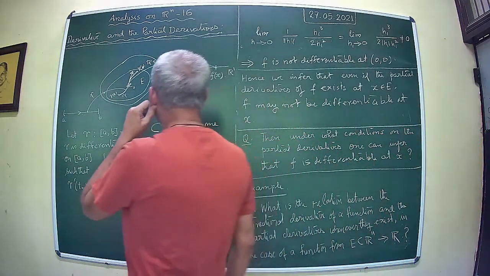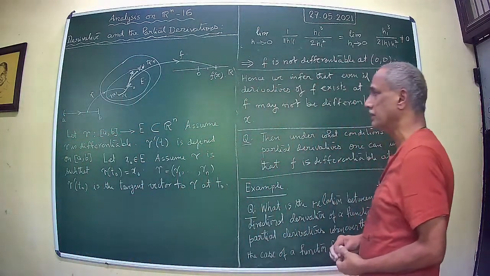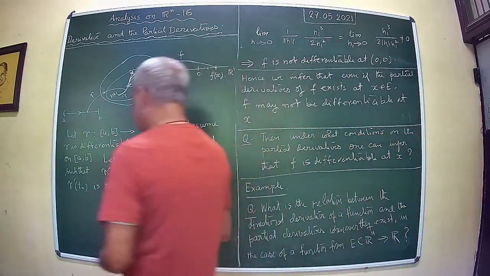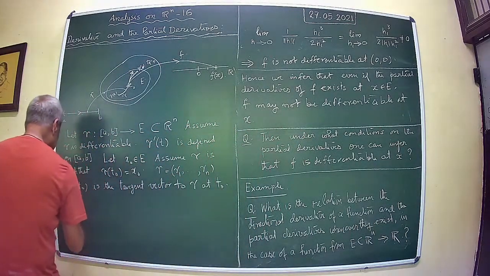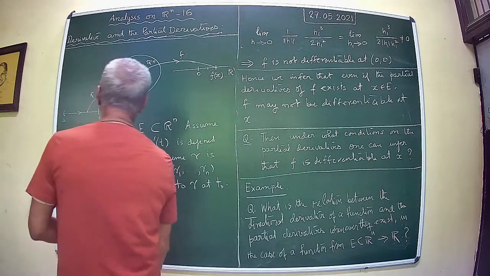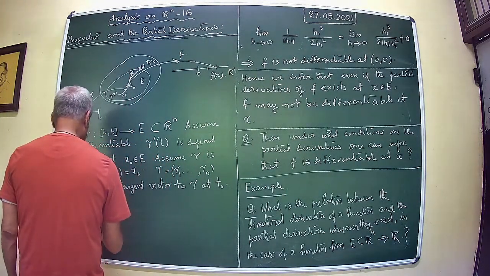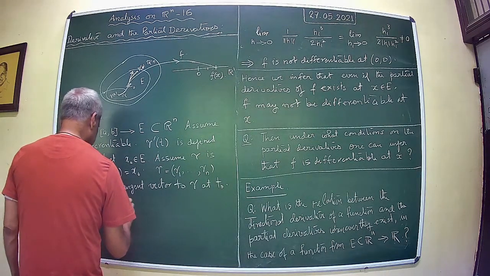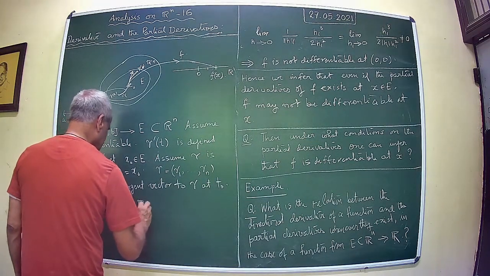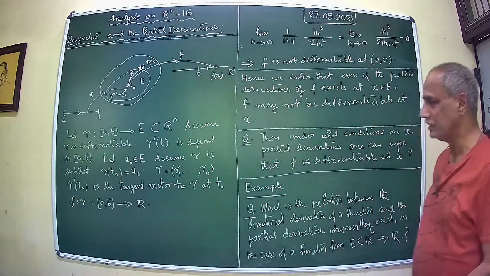Now let us take the composition of these two functions. So you see that f composition gamma is a map from the interval AB to R, and gamma is an intermediary to define this map.